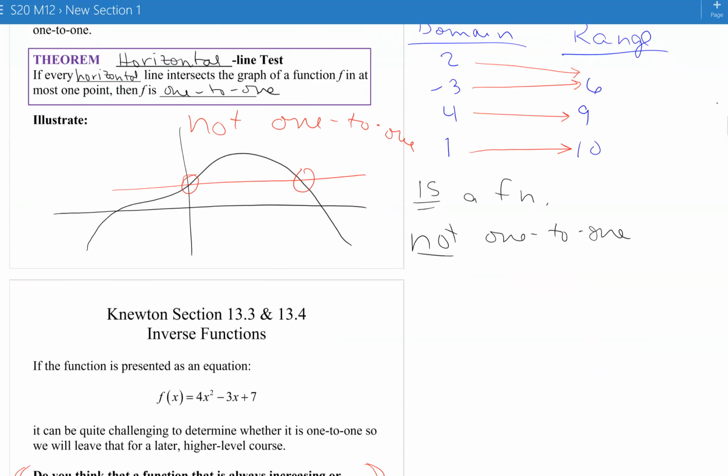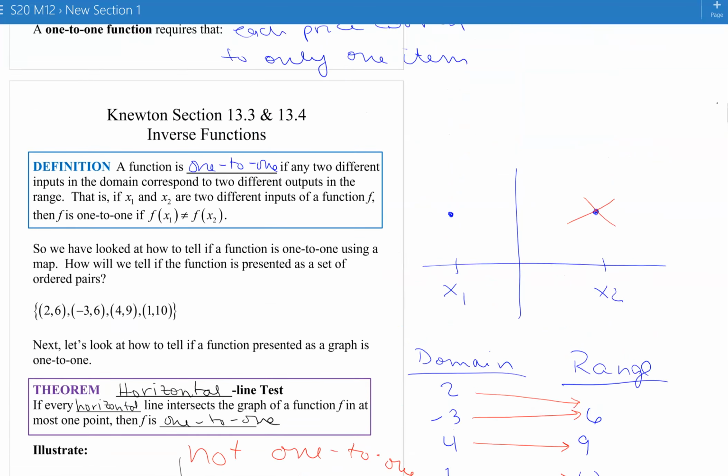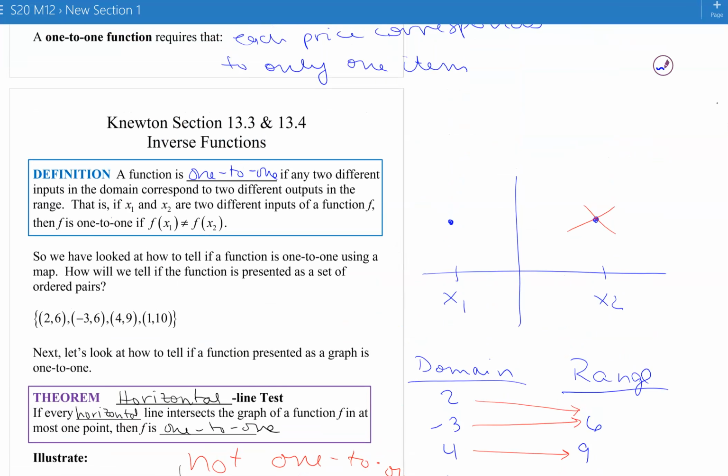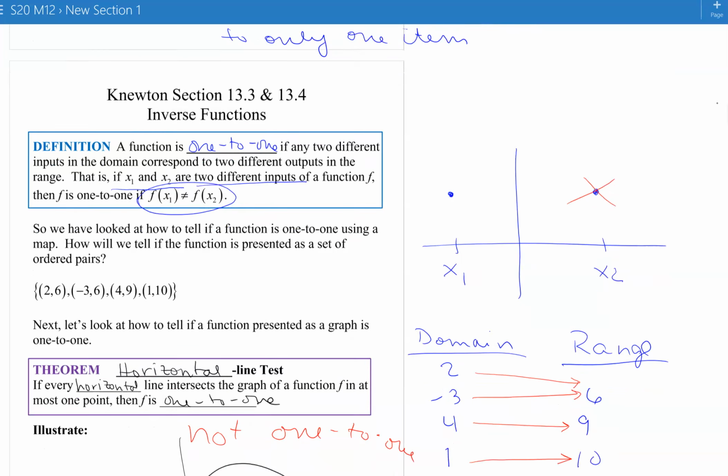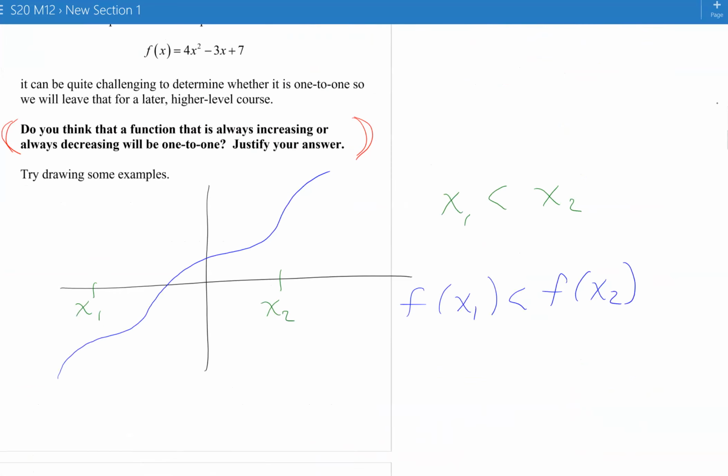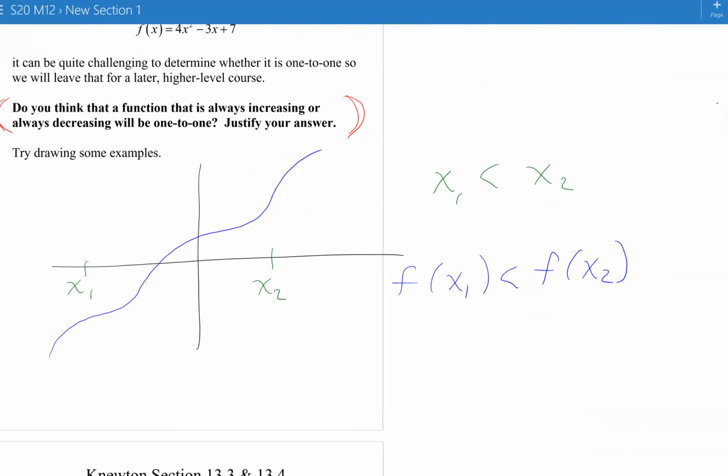So if you look back at this requirement, it says x1 and x2 are two different inputs and the function's one-to-one if the outputs are not equal. Well, we have shown that the outputs are not equal. In fact, one is smaller than the other.